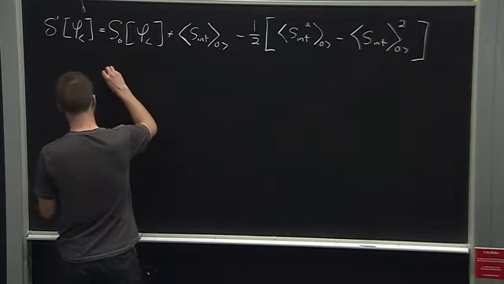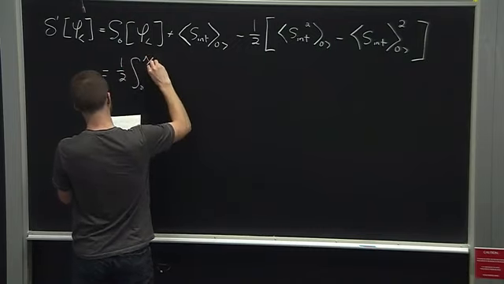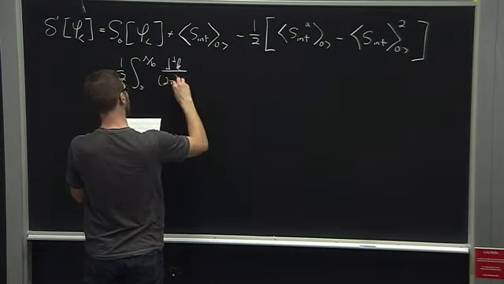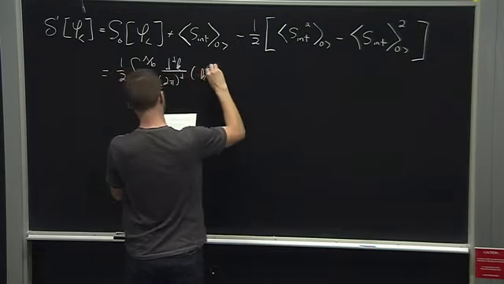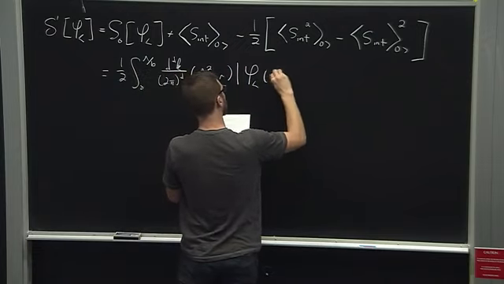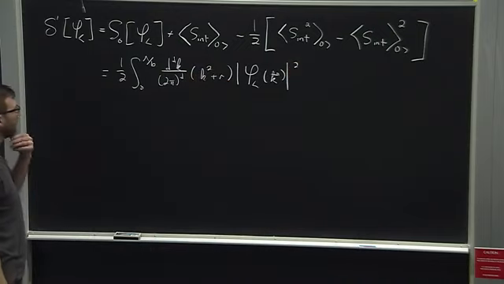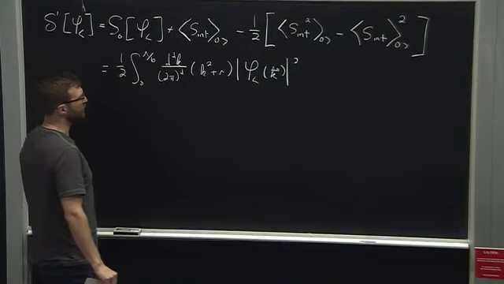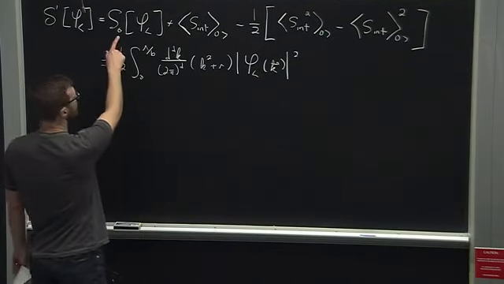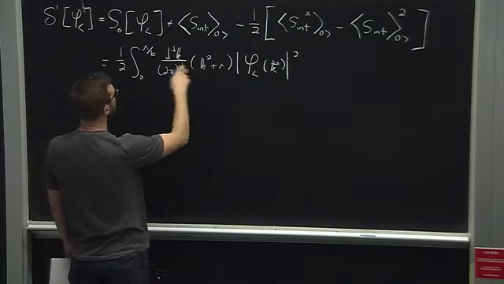So the first piece, if you dig back somewhere in your notes, is just the usual phi squared term, k squared plus r, okay. And you have an integral over the slow modes.